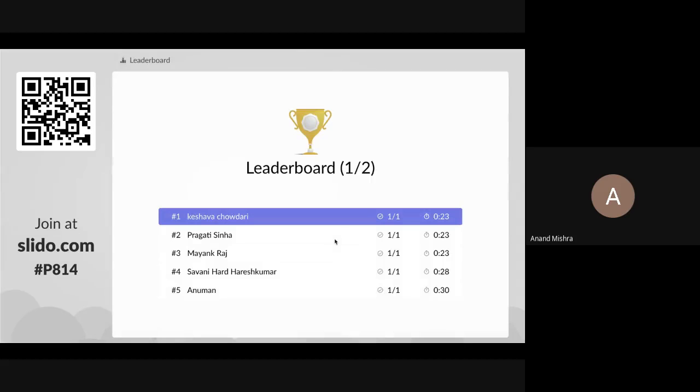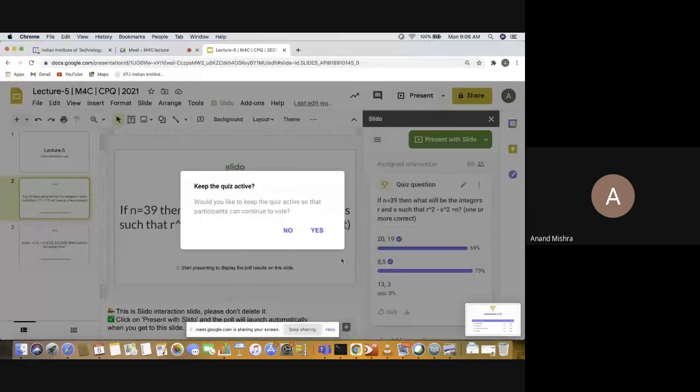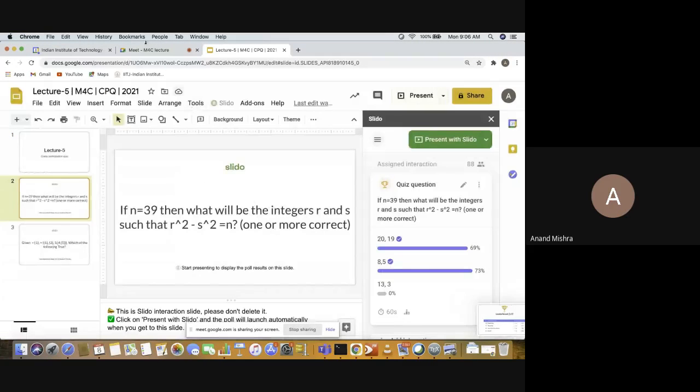Both of them are correct. And this is our leaderboard. Okay, thanks. That was just to check alertness. Nothing more serious there.